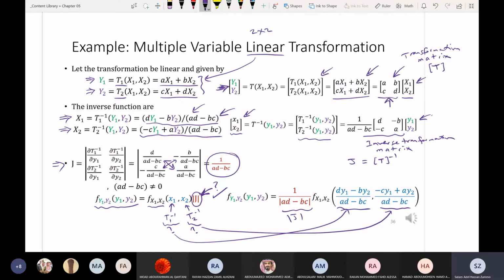That's it. So if I know the PDF of x1 and x2, now I can find the PDF of y1, y2 by simply substituting for x1 as this, substituting for x2 as this, and multiplying by the Jacobian determinant.